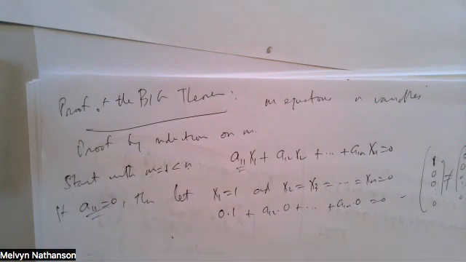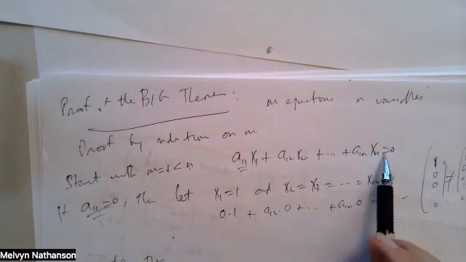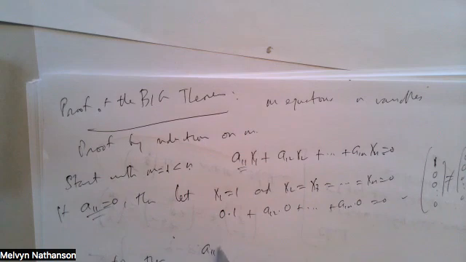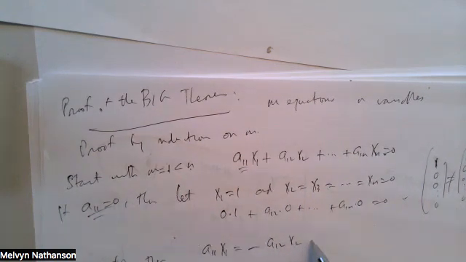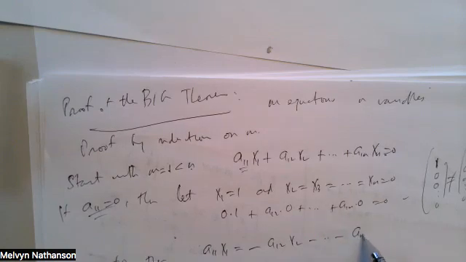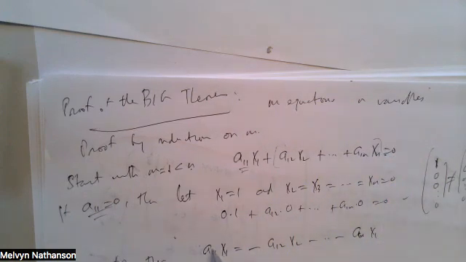But if A11 is not 0, then whenever you have this equation, that's the same as A11x1 equals minus A12x2 minus up to A1n xn. I just bring all of this to the other side of the equation, and then divide by A11, which I can do because it's non-zero.